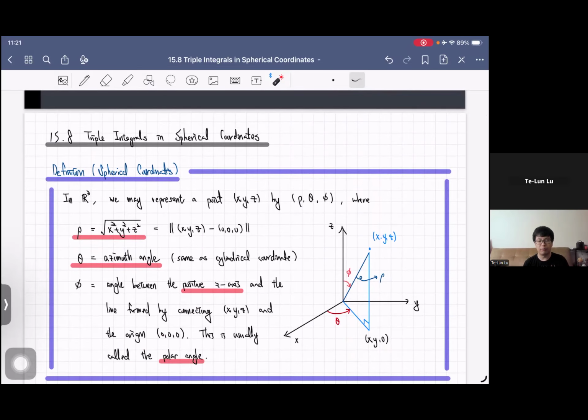So 15.9 will tell us how to translate coordinates in a general formula. We have already introduced 3 different types of coordinate transformation. One is the polar coordinate in 2D, and we also introduced the cylindrical and spherical coordinate in 3D. But this can all be boiled down to one simple formula, which is called the change of variable formula, which we will introduce in 15.9.